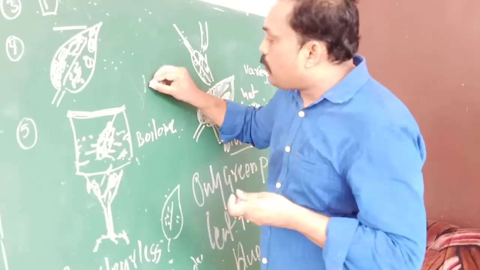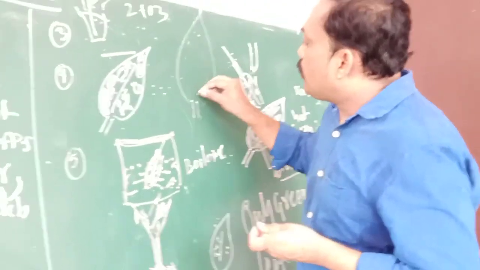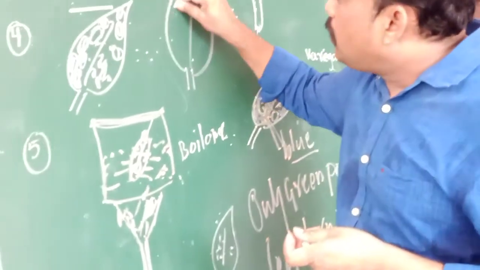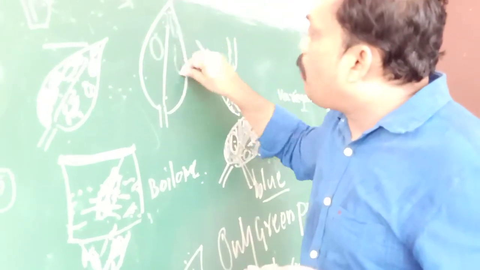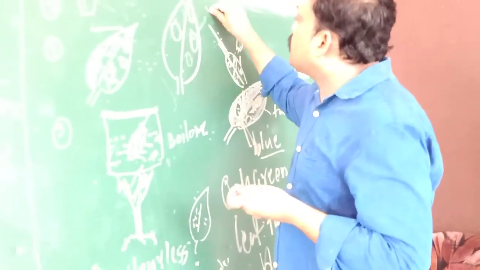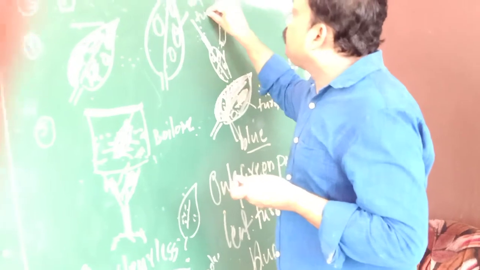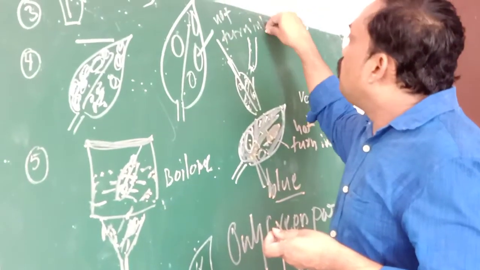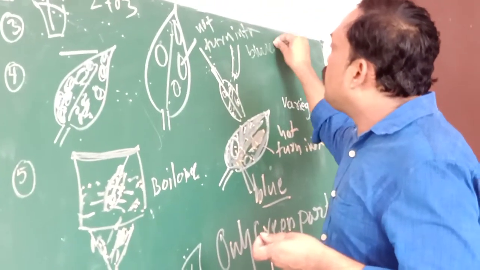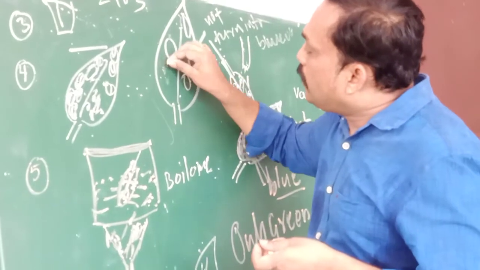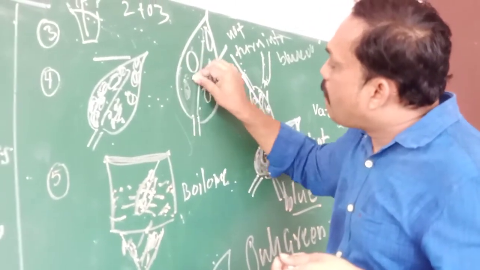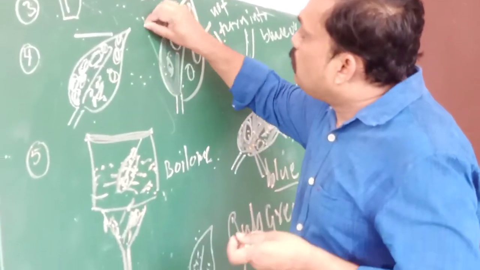Finally, this is what we observe after the experiment: the yellow patches do not turn blue, and wherever the green color is, it turns blue.